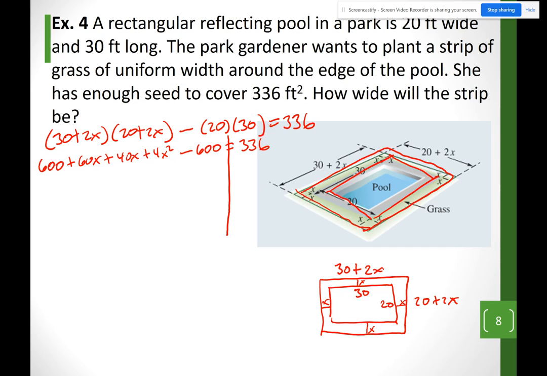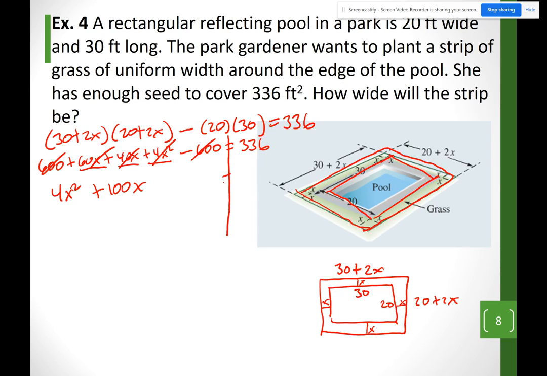All right, let me separate the sides of the equal sign. I'm going to combine like terms starting from the highest exponent. So the highest exponent is 4x squared. I'll cancel it so I know I already used it. Then 60x plus 40x gives me plus 100x. Then 600 minus 600 is 0, so I'm just going to cancel it.